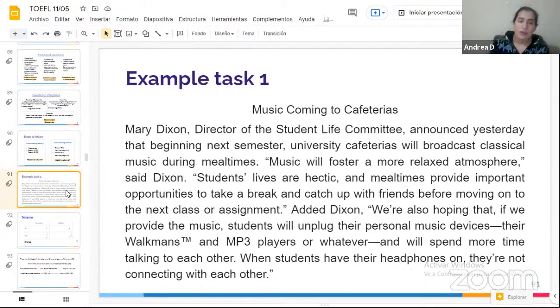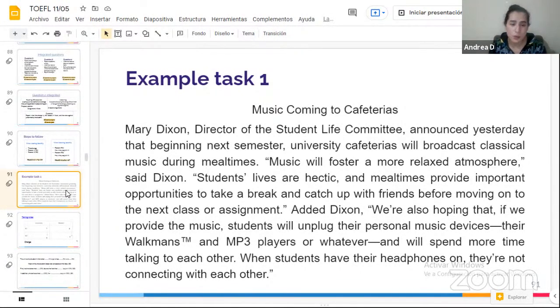That's mainly why people take the TOEFL. So in this task, you will have a lot of college life vocabulary, words like campus or major, all college-related vocabulary. Make sure to check it out as well.